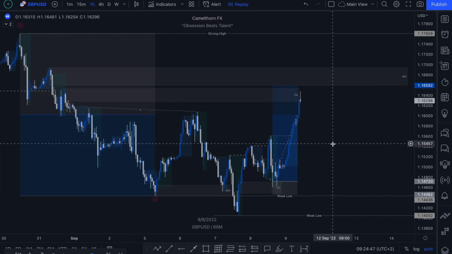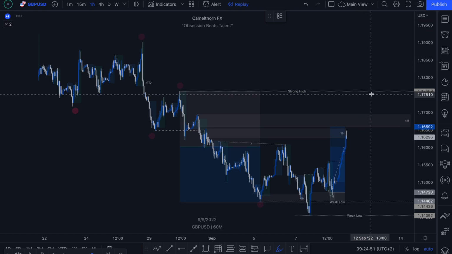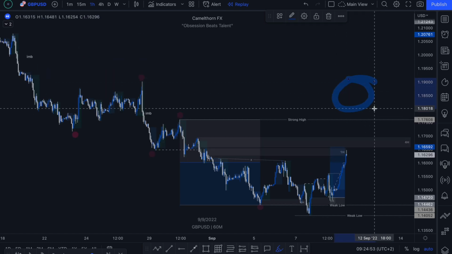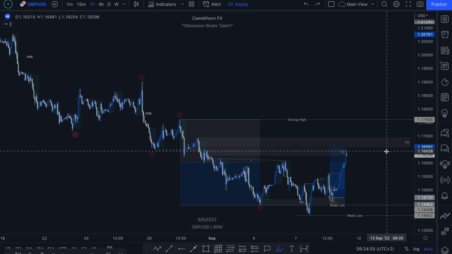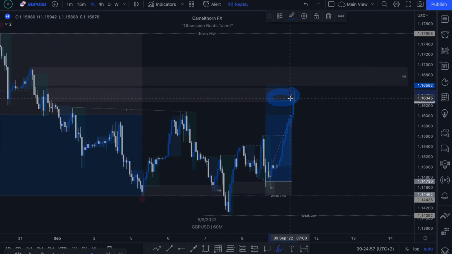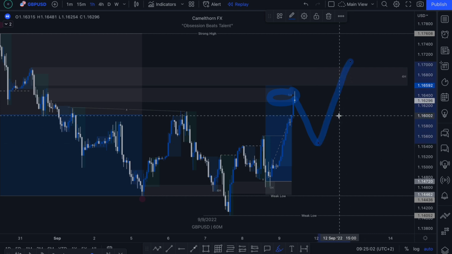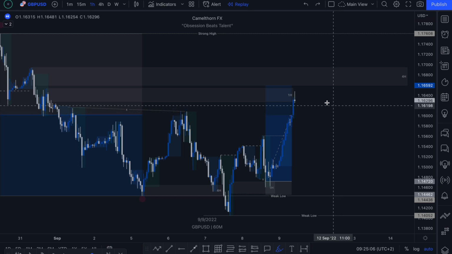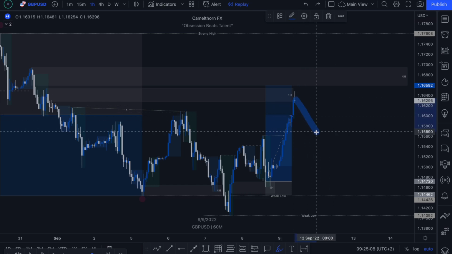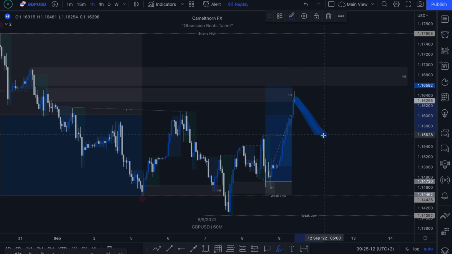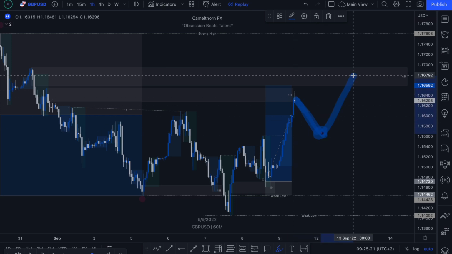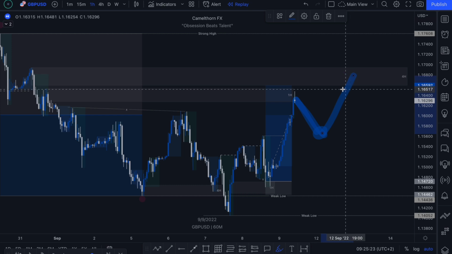Now, yes, we're still aiming for that daily supply zone all the way up here, and this might very well just be a small reaction before price action continues higher. However, my rationale for closing the trade here was I did not want to sit through a bearish pullback on a Friday, because it would mean that I would have to hold the trade over the weekend before price action potentially traded bullish again.